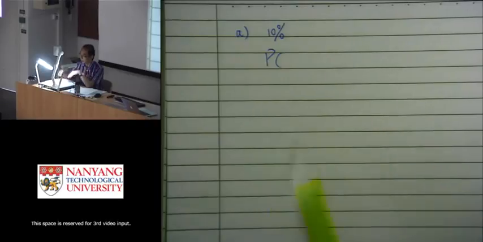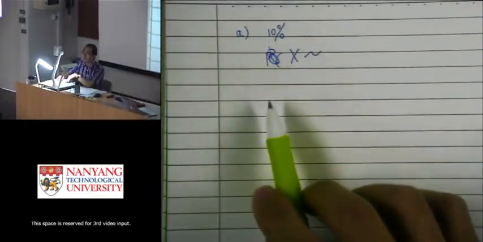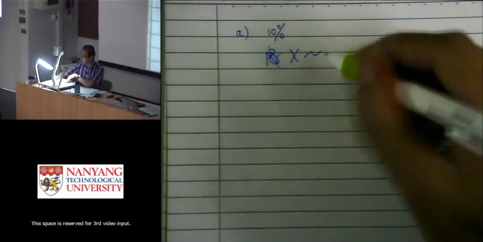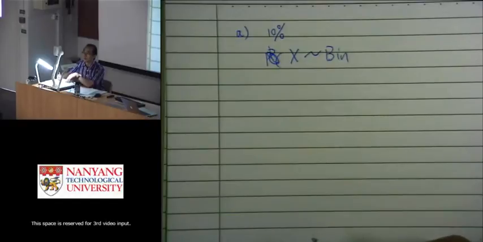In this case, we know that the random variable X, the number of defective components, satisfies a binomial distribution, right? And how many trials did the distributor do? 1, 2, 1,000?